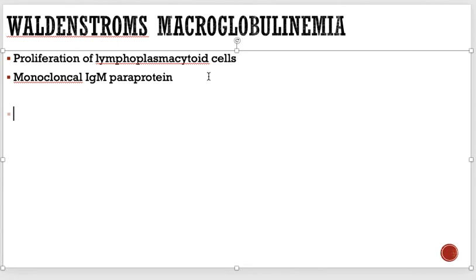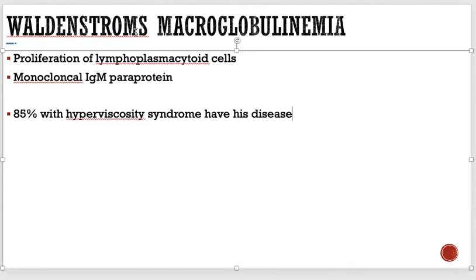Basically, I teach you hyperviscosity syndrome. 85% of the patients with hyperviscosity syndrome have this disease. So you can say this is the most common cause of hyperviscosity syndrome in simple ways, and that's why I'm teaching you this.